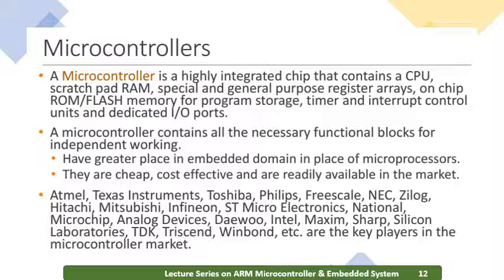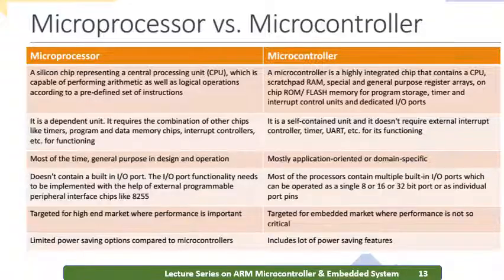So a microcontroller contains all the necessary blocks for independent working, whereas, if you remember, the microprocessor was working in a dependent manner. The microcontroller has a greater place in embedded system design in place of microprocessors, and it is comparatively cheap, cost effective, and readily available in the market. These are the companies which bring microcontroller kits to the market.